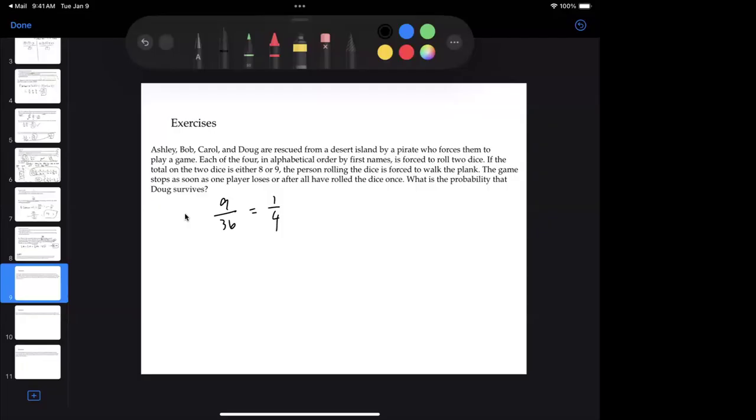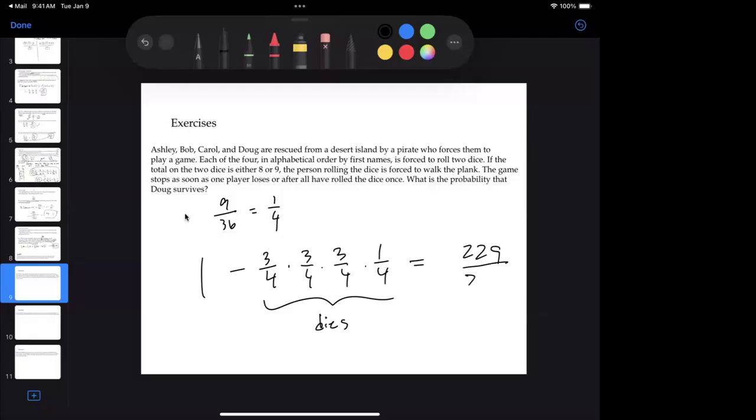Exactly what you said, that's 3/4 times 3/4 times 3/4. And then the probability that he dies is 1/4, right? So this is him dying, and all we need to do is subtract that from 1 to get our answer.